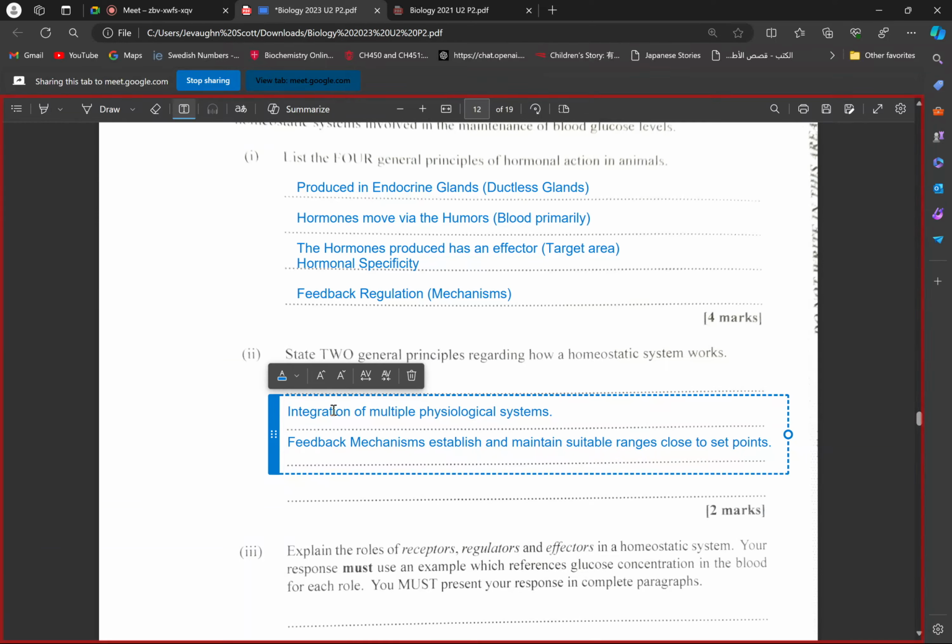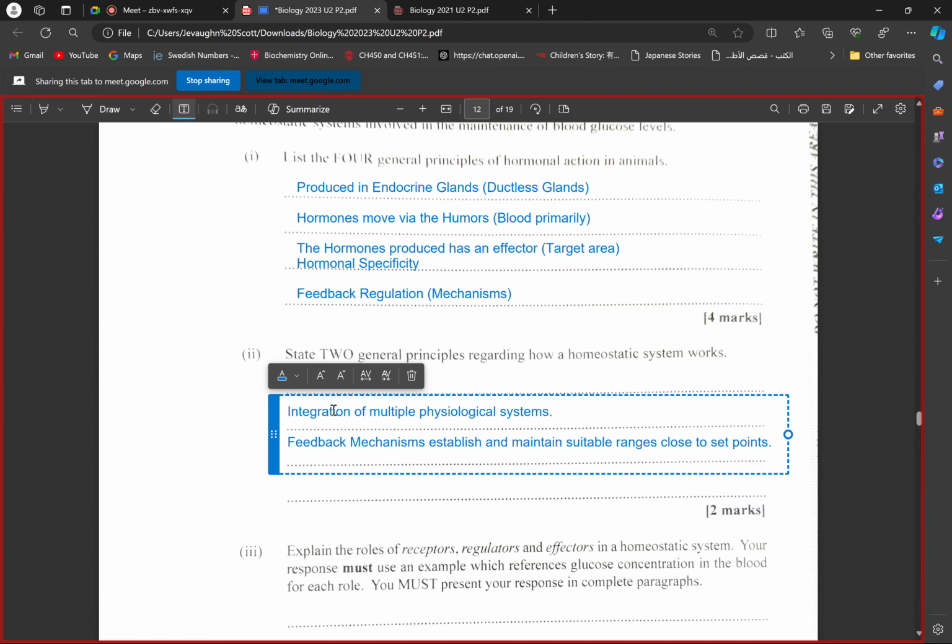Homeostasis usually works by an amalgamation of multiple different systems. You have different detectors and receptors all over the body that help to counteract any type of change to keep the body in homeostasis. Go ahead.